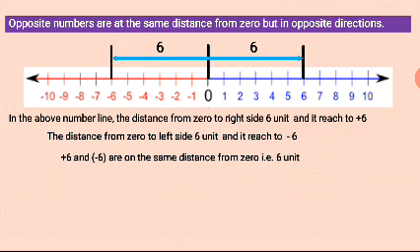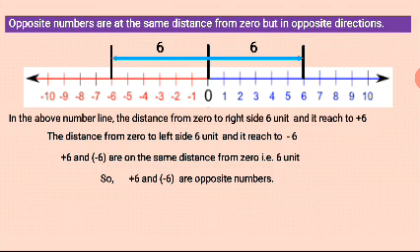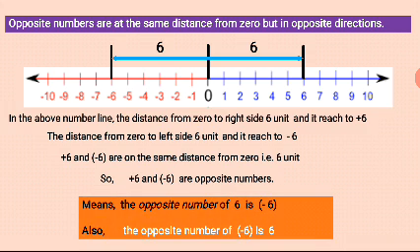Positive 6 and negative 6 are at the same distance from 0. So positive 6 and negative 6 are opposite numbers, because the distance from 0 is the same but the directions from 0 are opposite.